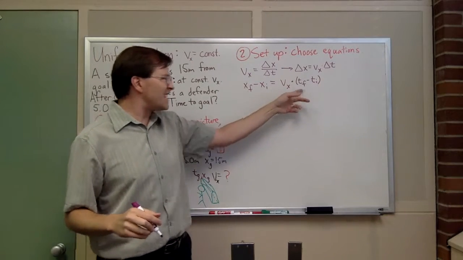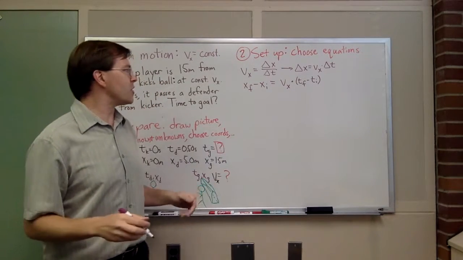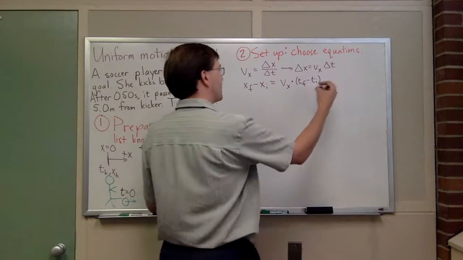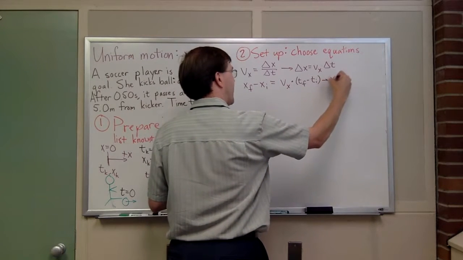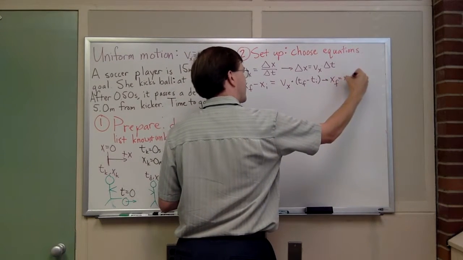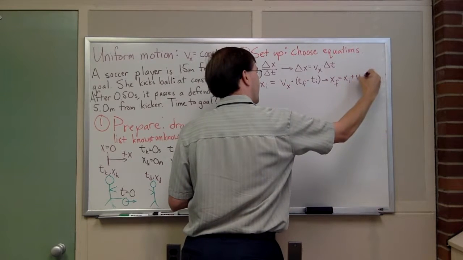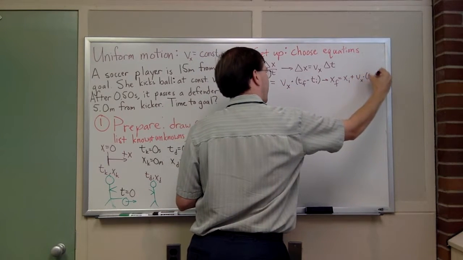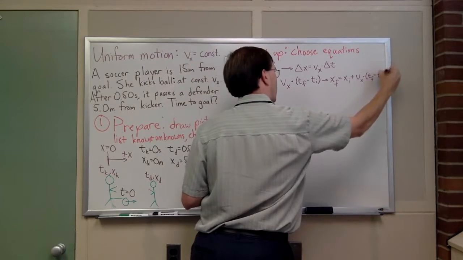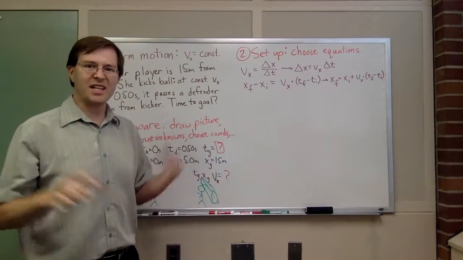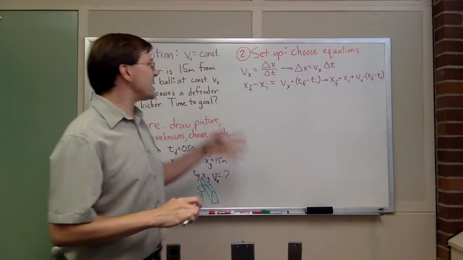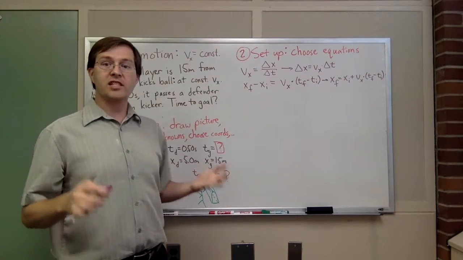I'm going to put it in because that is delta t, and we can make a lot of choices for this. I could even write this as x final equals x initial plus Vx times t final minus t initial, if I want to solve for x final on that side. Doesn't really matter how we write it. But okay, that is the only relevant equation for constant velocity motion.